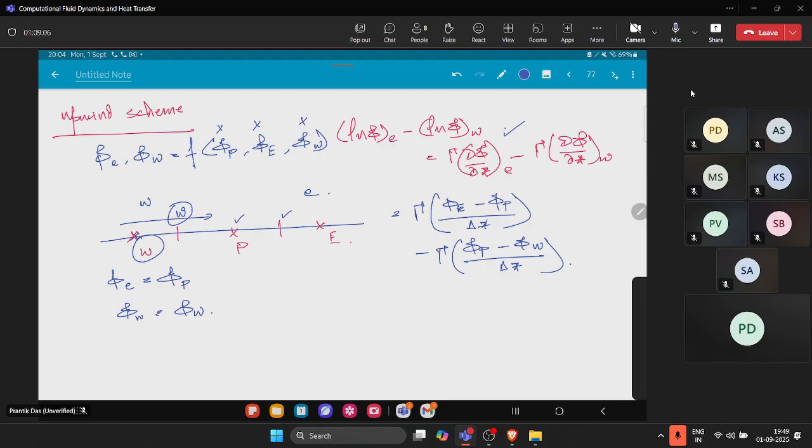If I put it in the equation itself, this is rho e phi P minus rho w phi W, and this is equal to gamma (phi E minus phi P) divided by delta x minus gamma (phi P minus phi W) divided by delta x.